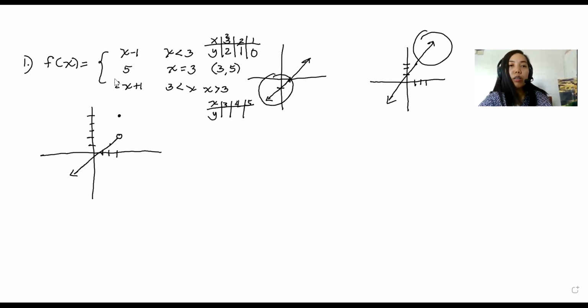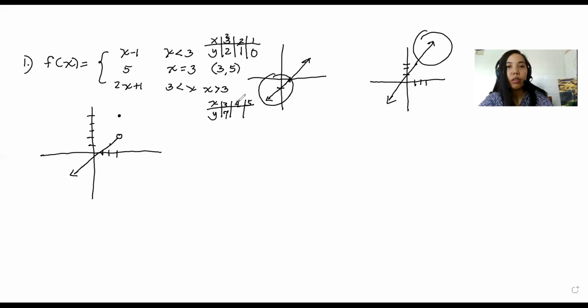5. So if x is 3, 2 times 3 is 6 plus 1, it's 7. If x is 4, 4 times 2 is 8 plus 1, 9. If x is 5, 5 times 2 is 10 plus 1, it's 11.